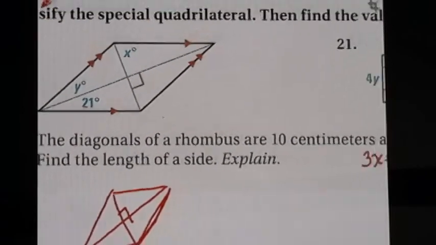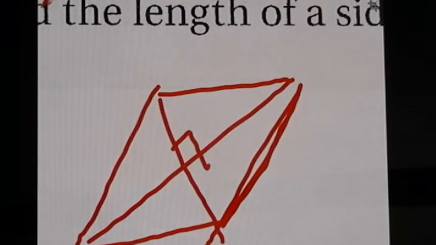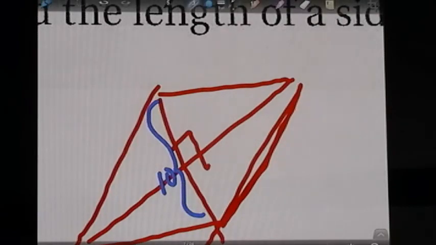It says the diagonals are 10 and 24 centimeters. We can see that this is the short way, and it's 10 centimeters. Let me use a different color so it's easier to see. Okay, we know that this is 10 and going across here, and we know that the other way is 24.